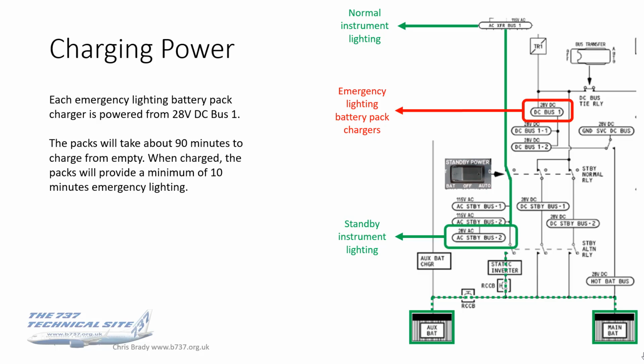The charging power for these actually comes from the 28 volt DC bus 1. The packs take about 90 minutes to charge from empty, but when charged they'll give you a minimum of 10 minutes emergency lighting, which should be more than sufficient for an evacuation.